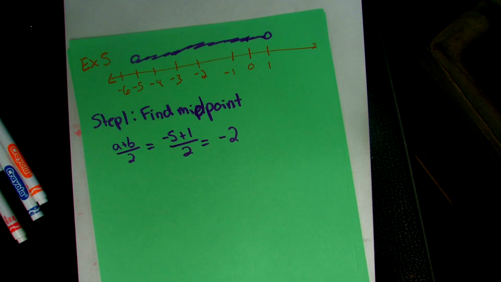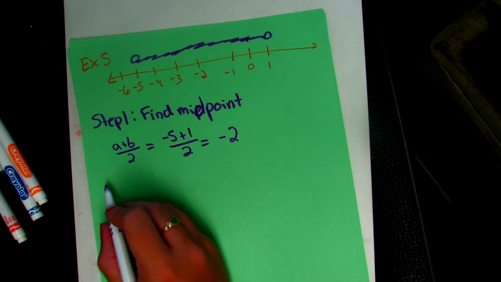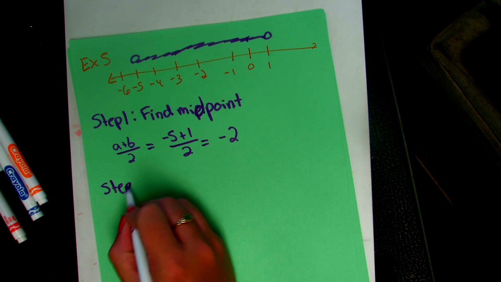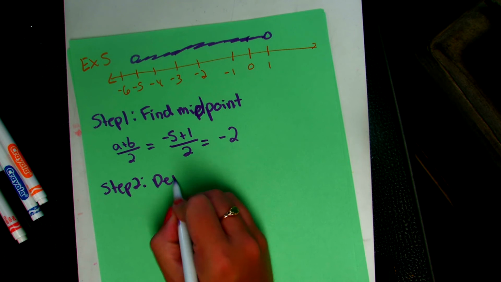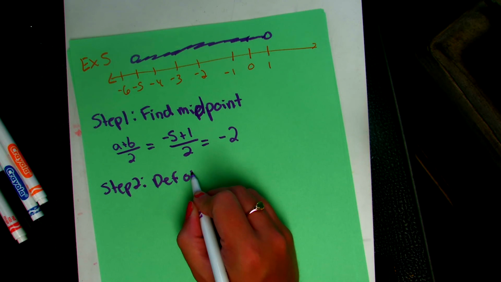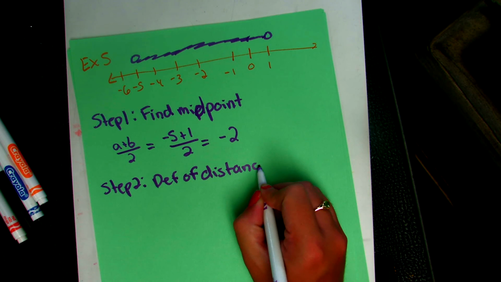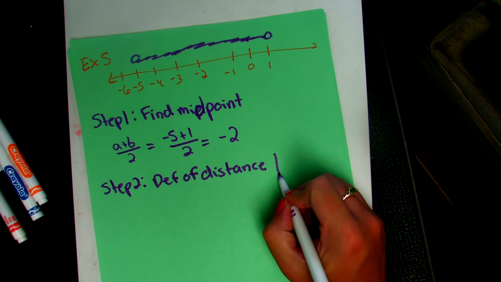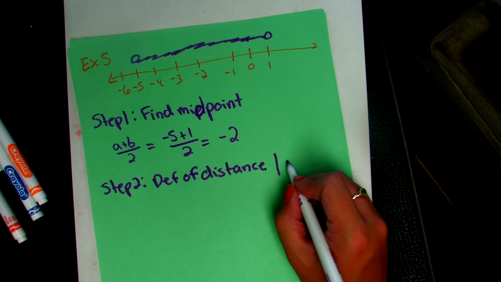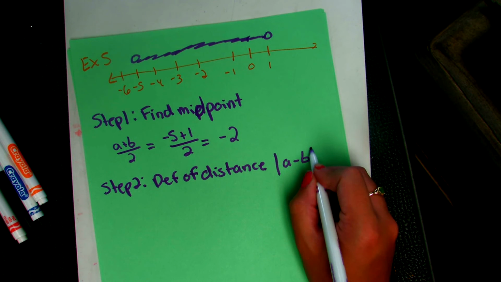So that's my midpoint. So then I'm going to use my definition of distance, right? Which was the distance of a minus b.